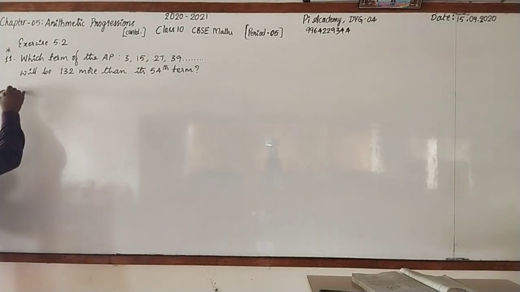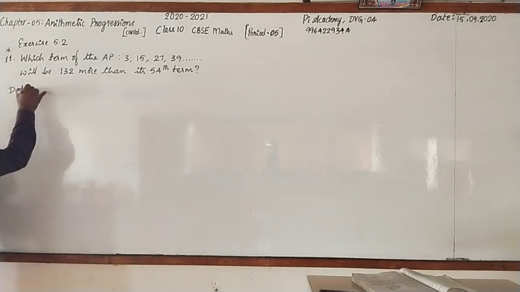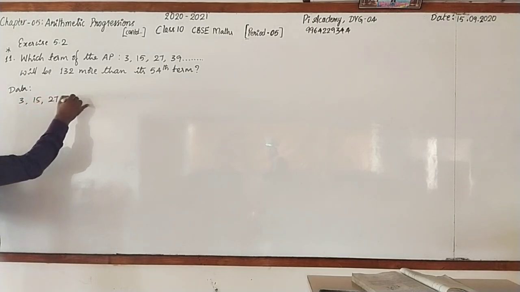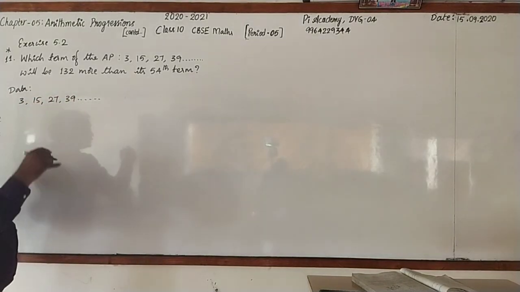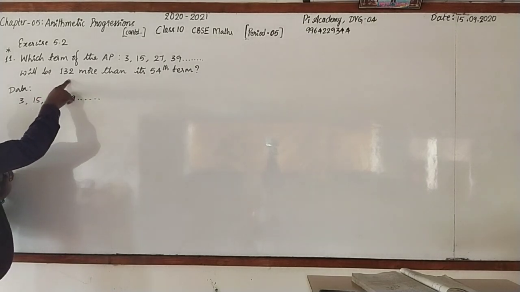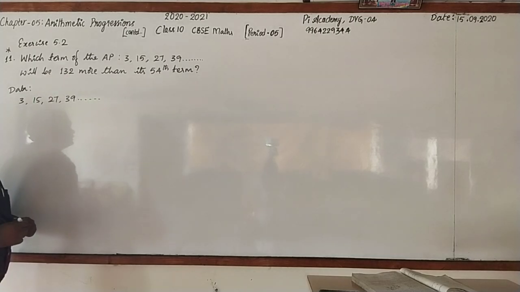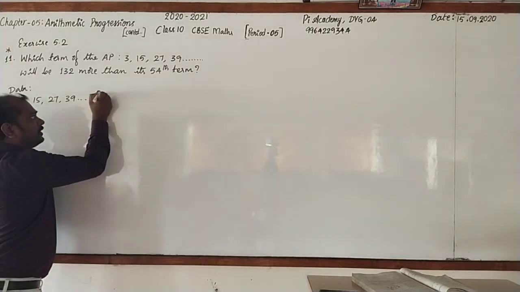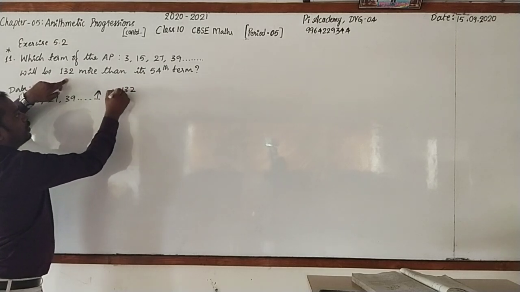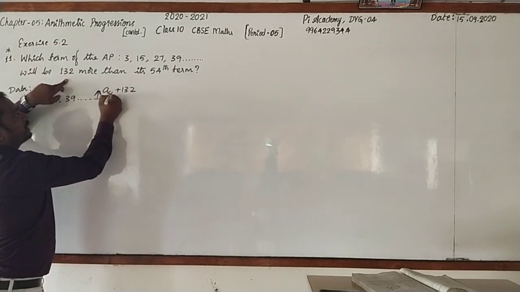Look here, once I write the given statement, the AP is 3, 15, 27, 39 and so on. The question is, which term of this AP is 132 more than its 54th term? There is a term. That term is 132 more than its 54th term.